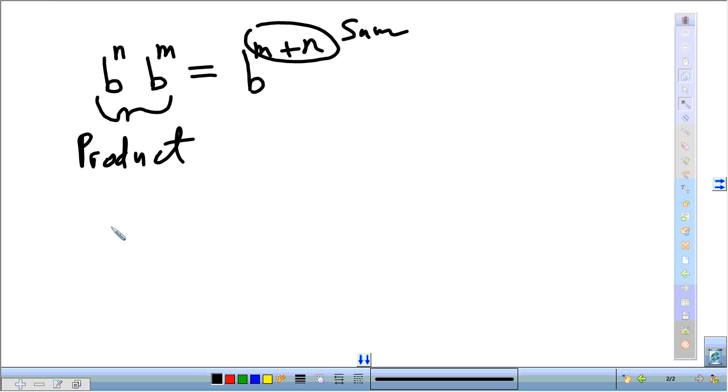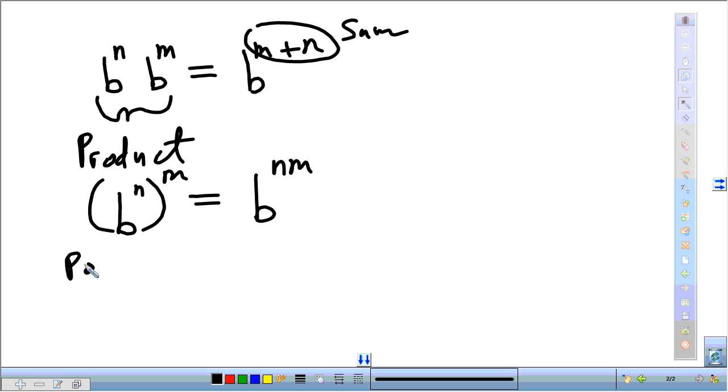Because we also have other settings such that a power of a power also becomes a simpler exponent operation, which is a product.